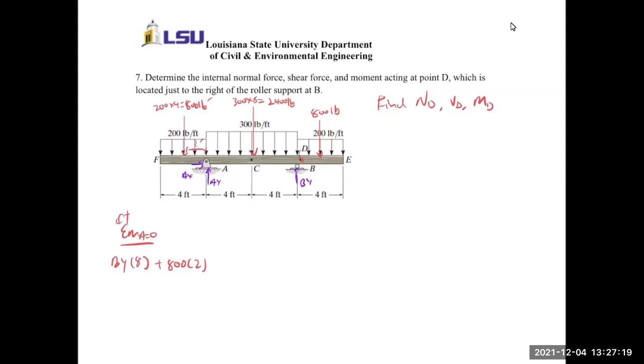And then we have this 2400 pound load right here, going clockwise about A, so minus 2400 multiplied by the perpendicular distance of 4. Then we have this last 800 pound load as segment DE right there, going clockwise about A as well, so minus 800 multiplied by 4 feet plus 4 feet plus 2 feet. So that's 10 feet right there.